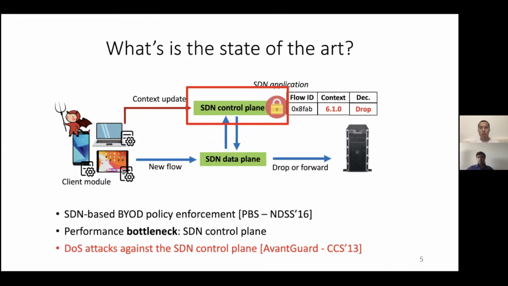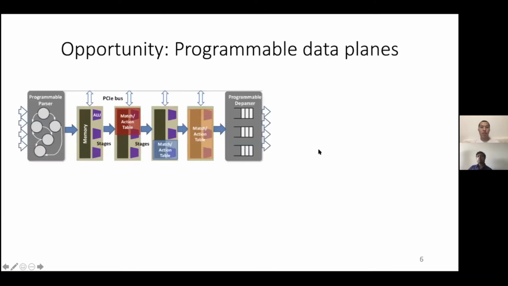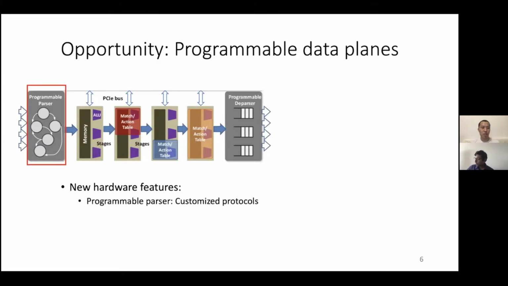So in this work, we investigate how we can address this scalability problem in this paradigm. And we have found that the new opportunity is P4 programmable data planes, which are quite different from traditional SDN hardware because they have many new hardware features, such as a programmable parser.